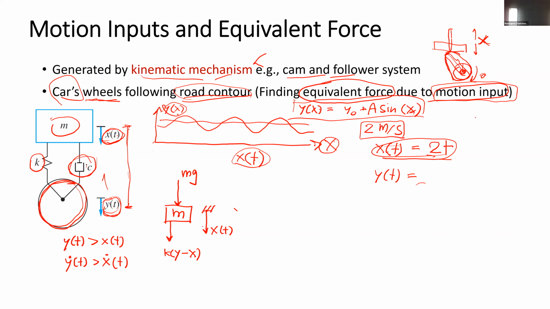How about the force by the damper? The force by the damper is in the same way. It will be the damping coefficient multiplied by the velocity difference. If y dot goes faster than x dot, we are also stretching the damper, so the force will go in the downward direction.